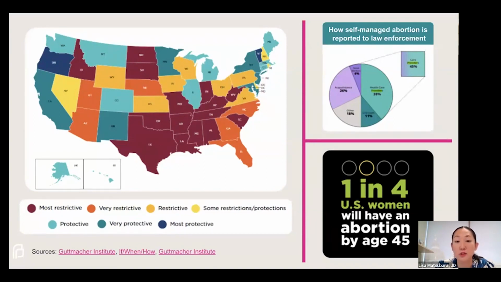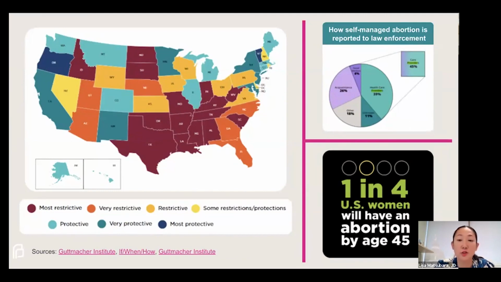We're also seeing it in gender affirming care in some states. And this causes significant privacy and security concerns for patients as people travel out of their home states to get care in other states.